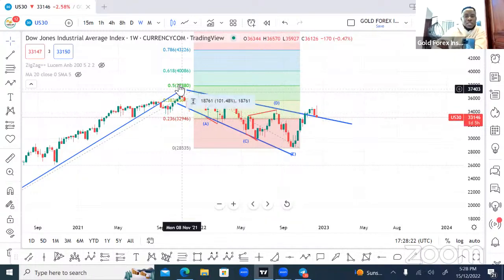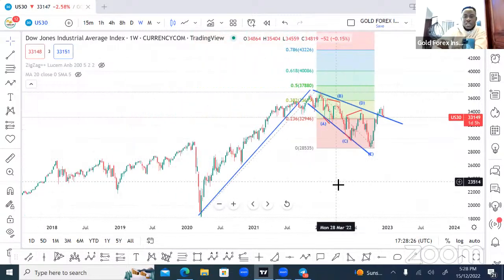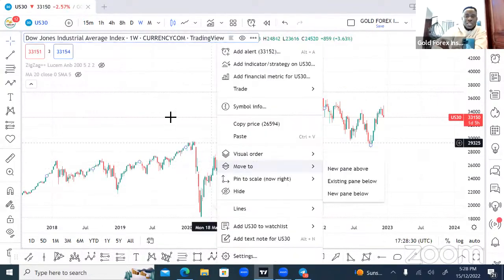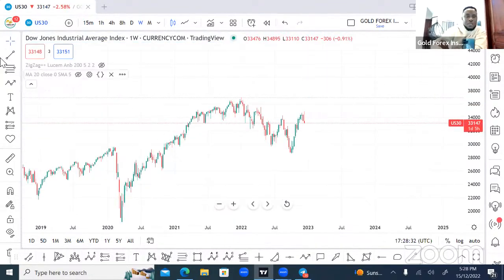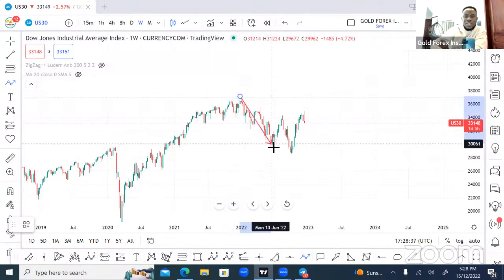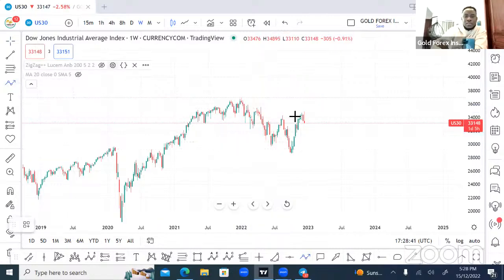Guys, I don't expect it. Otherwise, if this one will fall, then it's seeing this as A, B, C, D, E, five waves. Let me show you guys.